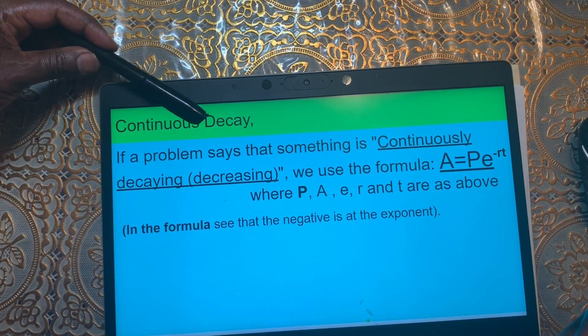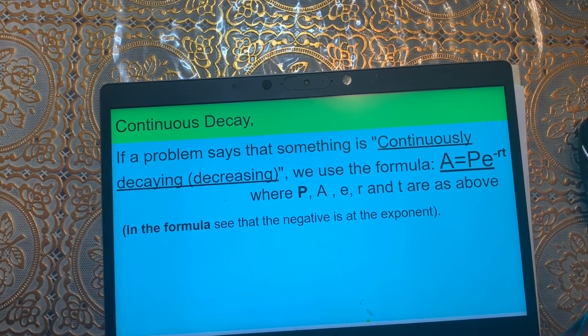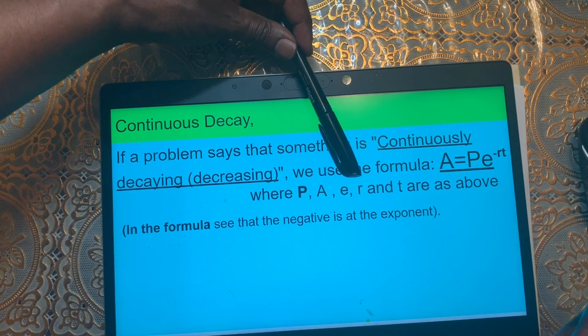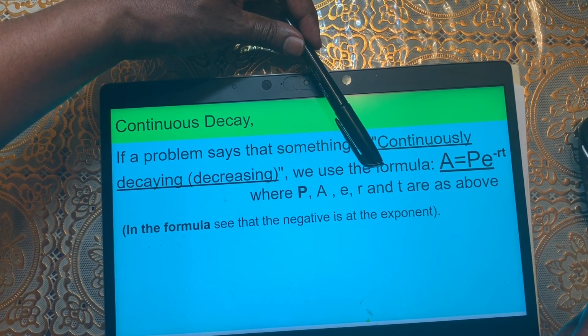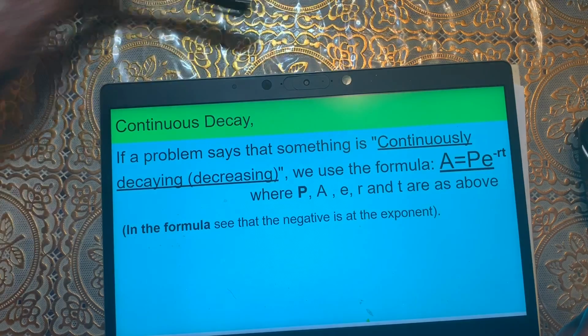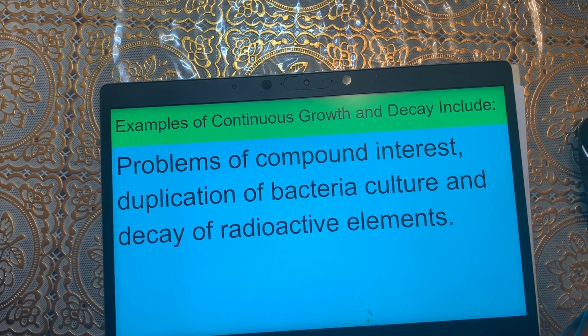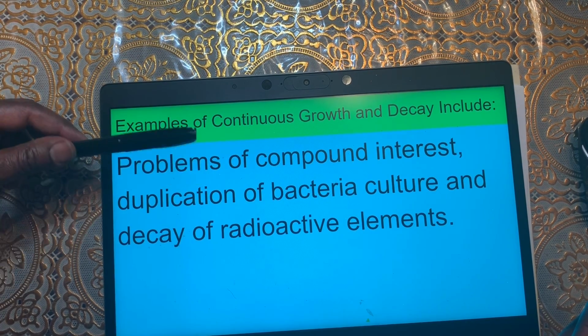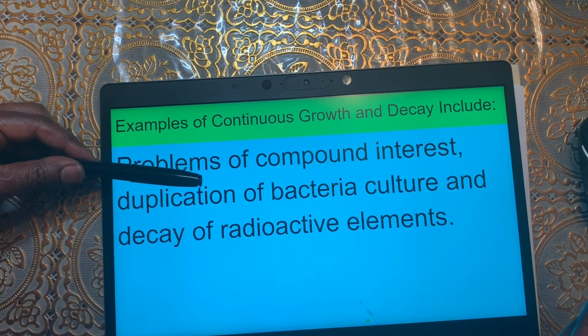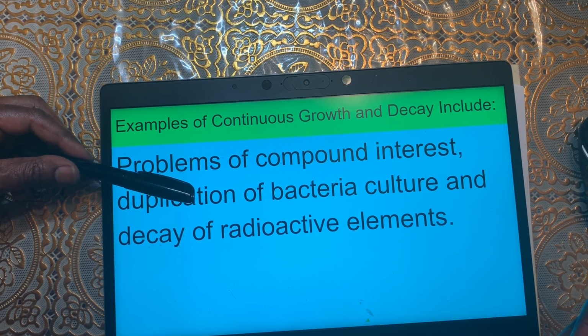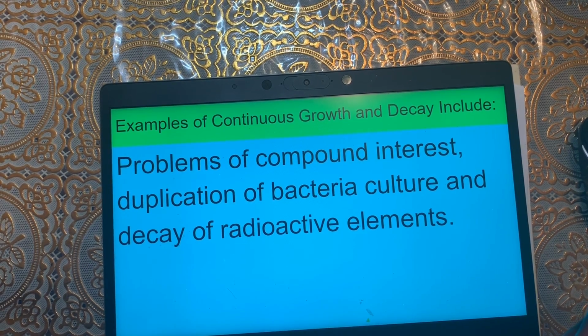If your problem says that something is continuously decaying or decreasing, we use A equals P e to the power of negative rt. P, A, e, r, and t are as above; the only difference is the negative. Some examples of continuous growth or decay are compound interest, which grows continuously, duplication of bacteria cultures, and decay of radioactive elements.